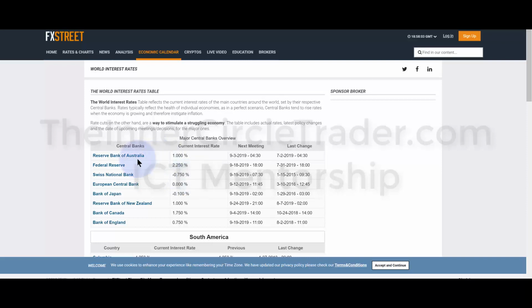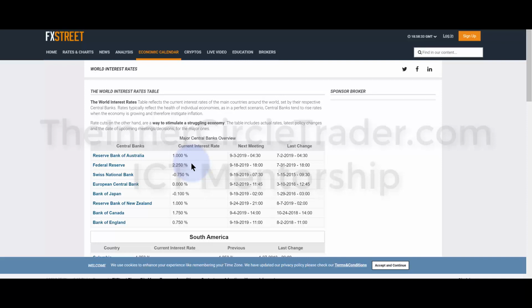So if you look at the interest rate, for instance, with the Australian dollar, it's 1%, and the Federal Reserve, which is the U.S. interest rate on the central bank level, it's 2.25%. Money will seek yield. Okay, from a long-term macro stance, the way hedge fund managers utilize their equity base and invest it, investors are looking for return on their investment.